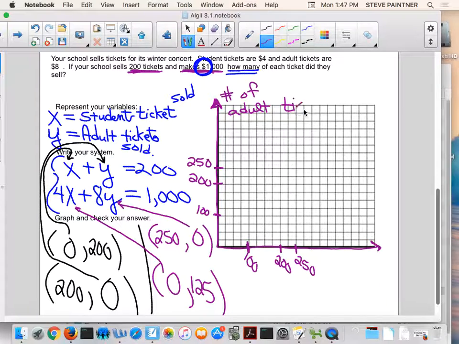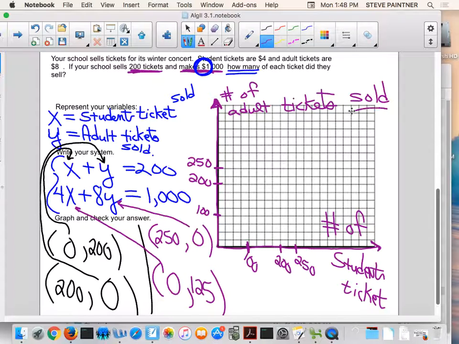Which leads me to believe that the x-axis must be number of what? Student tickets, right? And I probably should say sold, right?